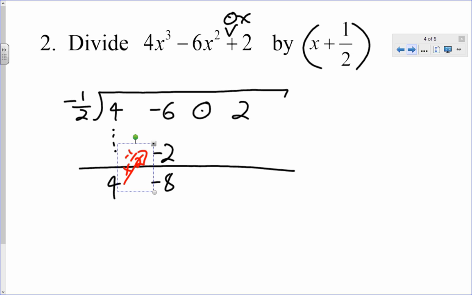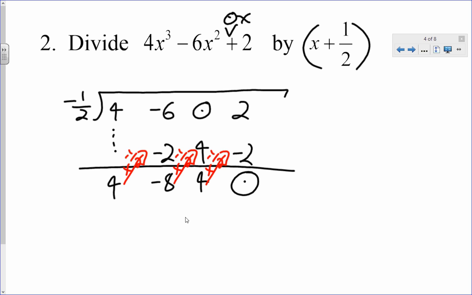So then again, I'm going to remember to multiply -8 by -1/2. That's going to change it to positive 4. 0 plus 4 is 4. Now take 4, multiply it by negative 1/2, and I'm going to get negative 2. 2 plus negative 2 is 0.